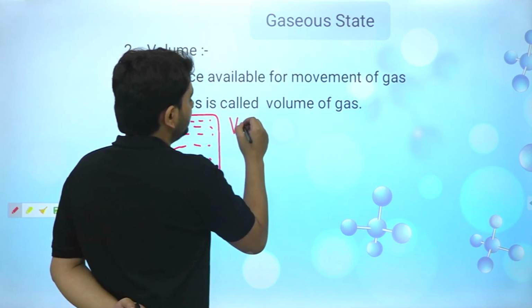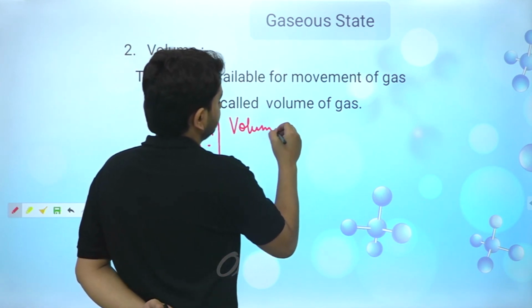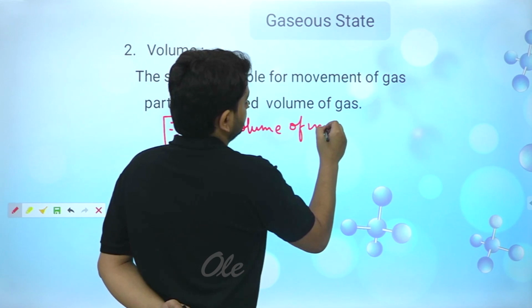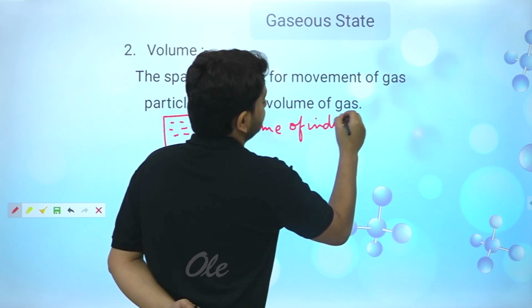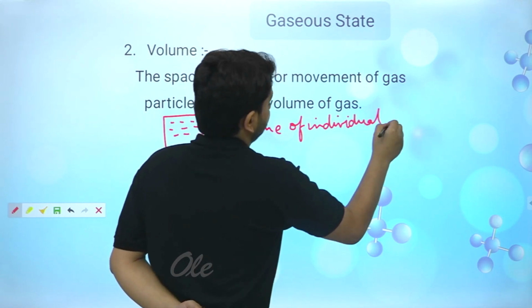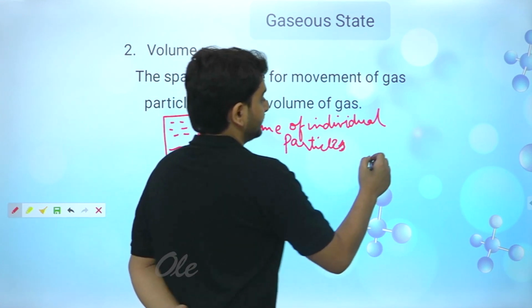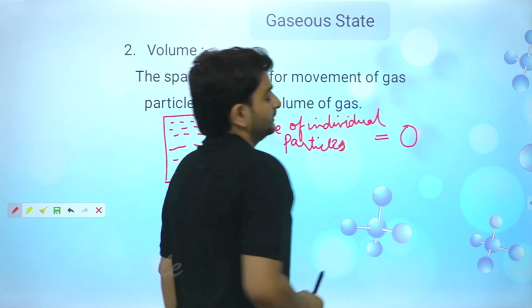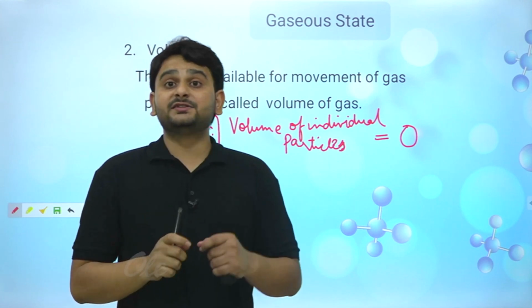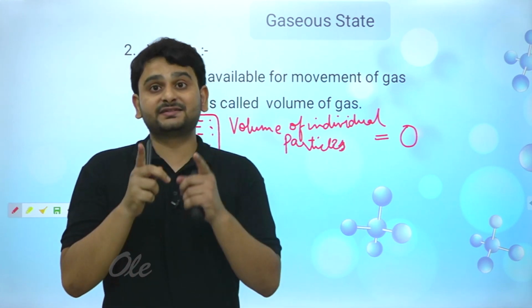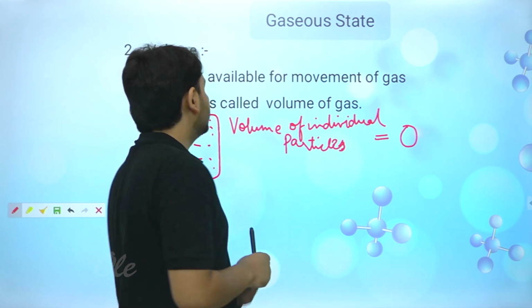So, volume of individual particles. Pay attention to the wordings, guys. Volume of the individual particles is zero. The volume of individual particles is zero, not of the entire gas. This is something that you have to pay attention to over here.